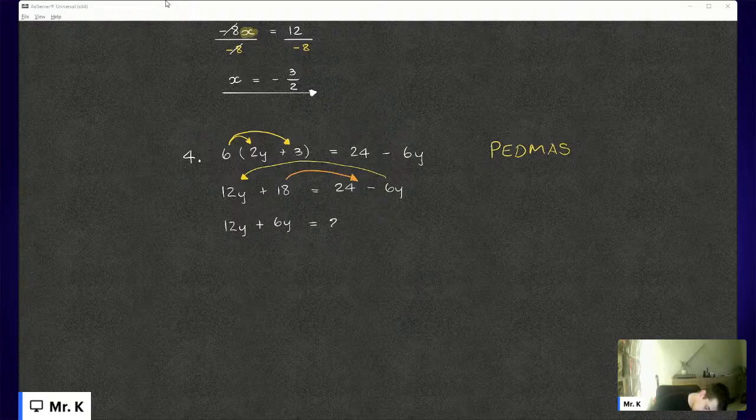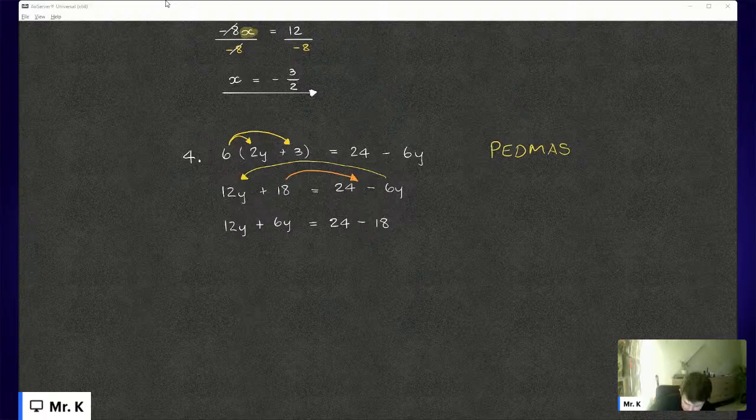On the right-hand side, we had 24, but if we want to bring this positive 18 over to the same side as the 24, it must become a minus 18.